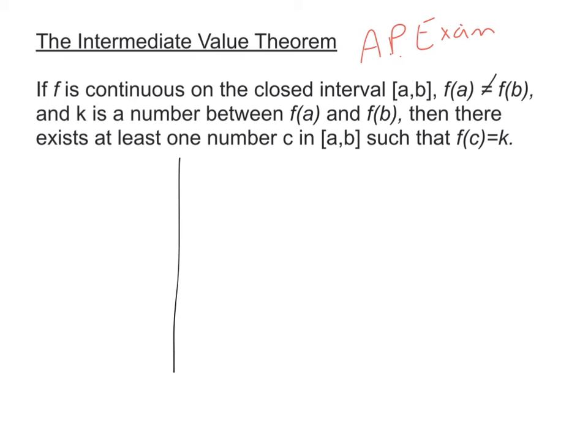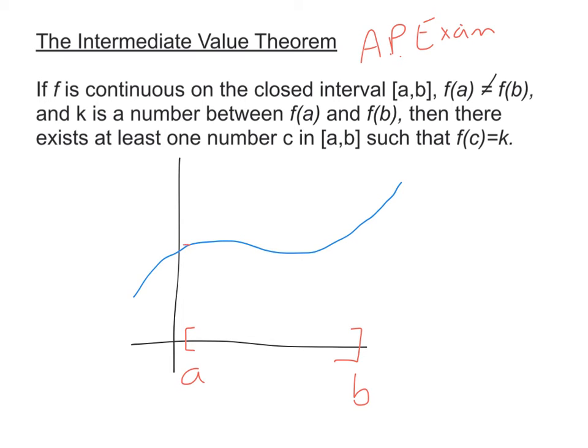So we're looking at a continuous function, just as we have been. So this is some sort of function here that's continuous, on some closed interval. So we're on some interval here from, say, a to maybe out here at b. And it says f of a is not equal to f of b.